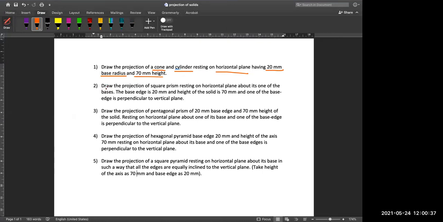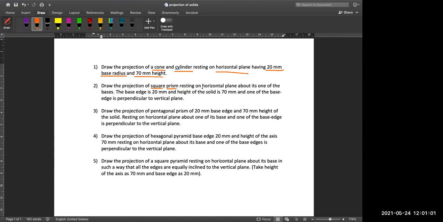Now draw the projection of a square prism. You have to keep in mind that it is a square and it is a prism, and prism means two parallel faces on the top and at the bottom also.